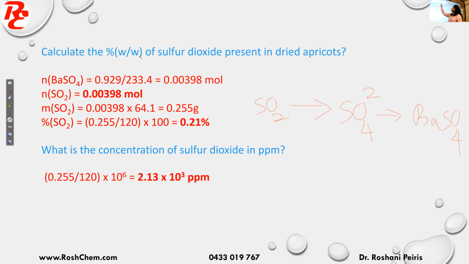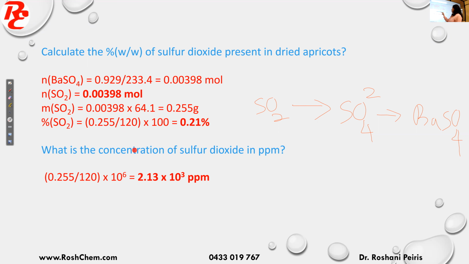What's your sample? Dried apricots. You took 120 grams of it for the precipitation, right? So it's 0.255 divided by 120 gram sample, times 100 to make it a percentage. So then you get 0.21%.